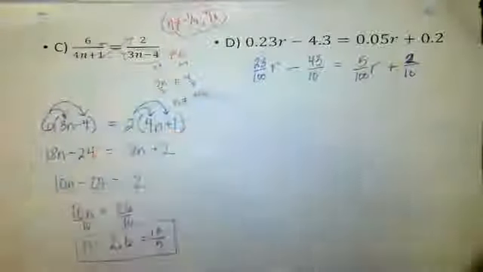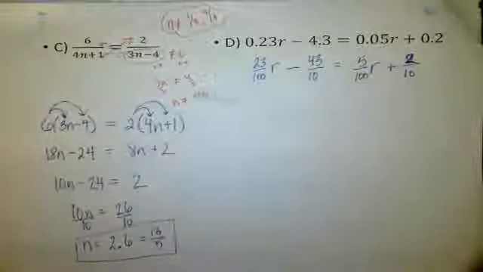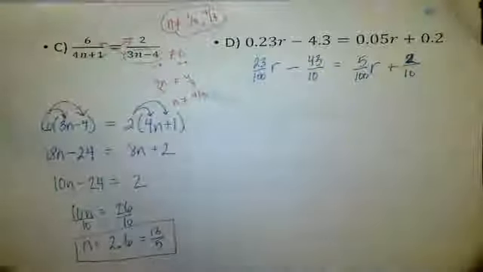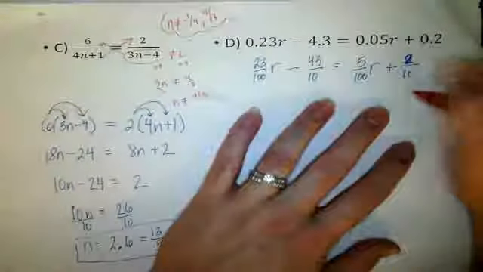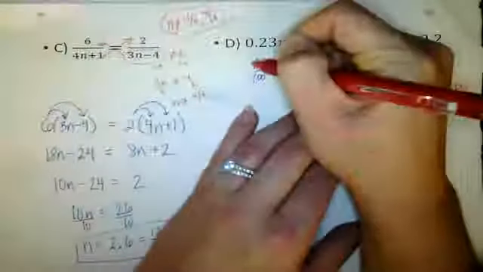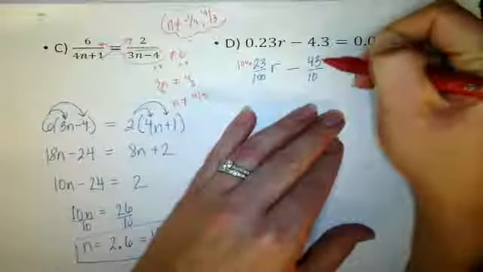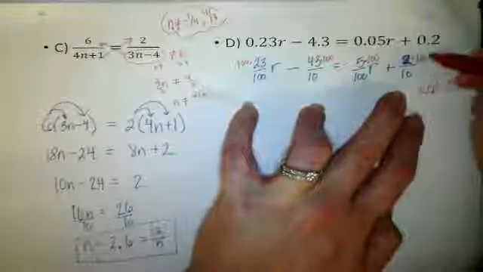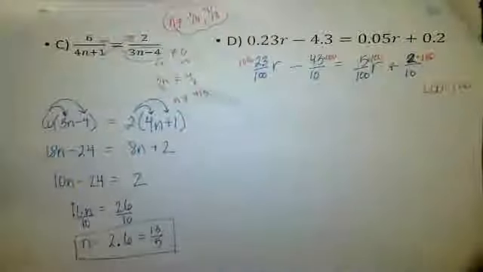So very good. So let's say now that we wanted to clear the fractions. So I want to multiply through by the LCD. What's the LCD? 100, right? Okay, so I'm going to multiply each fraction by 100. And clean it up.